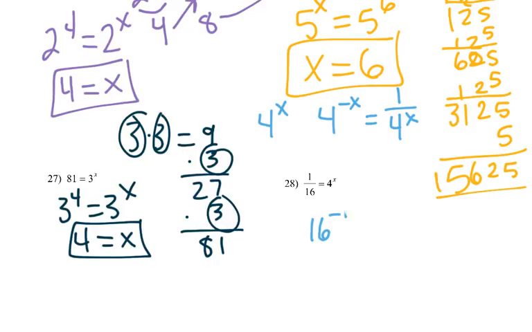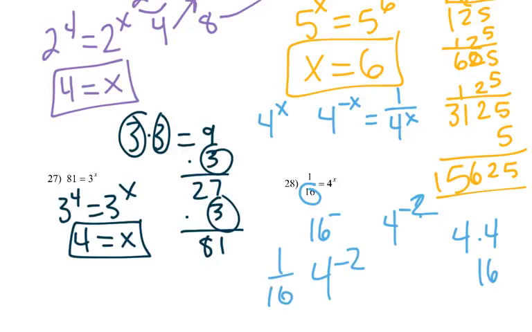So 4 to a negative power is going to get us what we need. Now, how can 4 become 16? Well, 4 times 4 is 16, so it's squared. So 4 to the negative 2 is going to be 1 over 16, so x has to be negative 2.